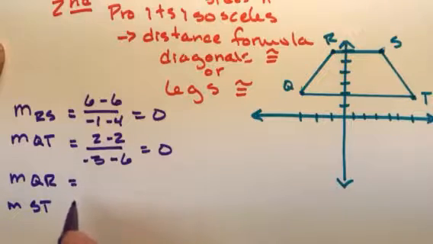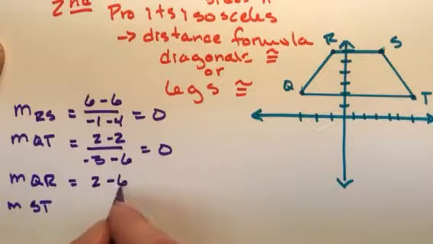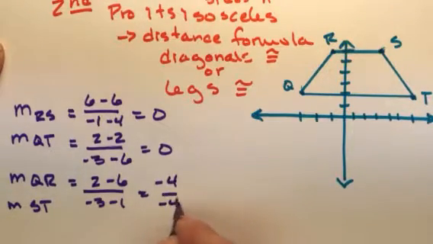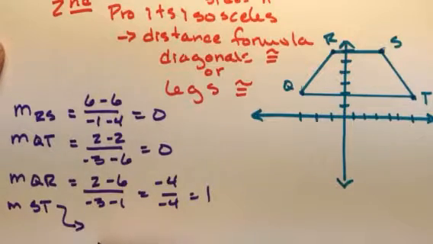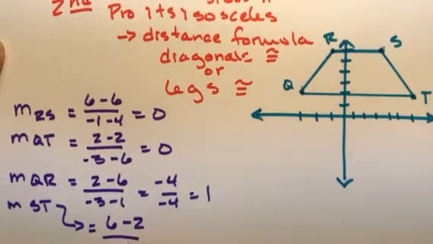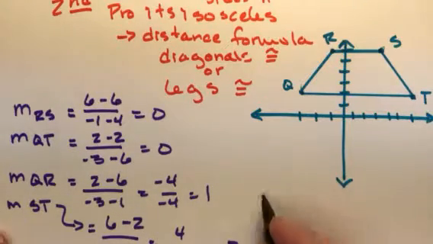Okay, for QR, I've got 2 minus 6 divided by -3 minus -1, which gives me -4 over -2... which is 2. And then for ST, I have 6 minus 2 over 4 minus 6, which is 4 over -2, that's -2. So I've now shown that it's a trapezoid because one pair of opposite sides is parallel.